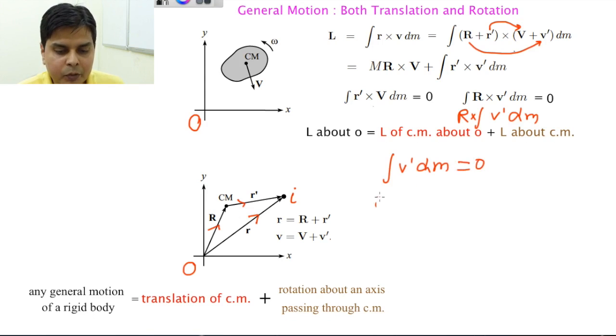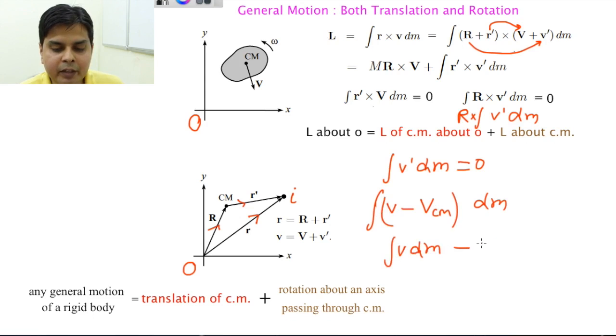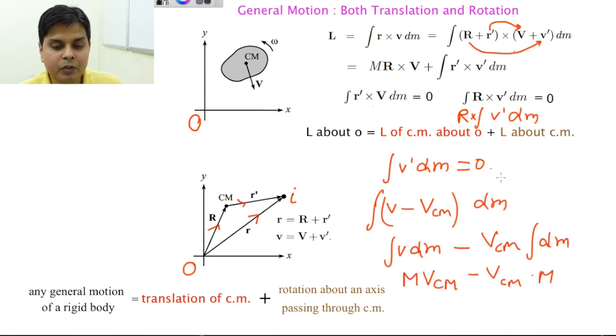If you don't believe me, you can do it this way also. v prime I can write as v minus capital V, the center of mass velocity, dm. When I integrate this, integral v dm minus V, I can take it outside, and this will be integral dm. So this will become mass into velocity of center of mass minus velocity of center of mass into mass. So this will also be 0.